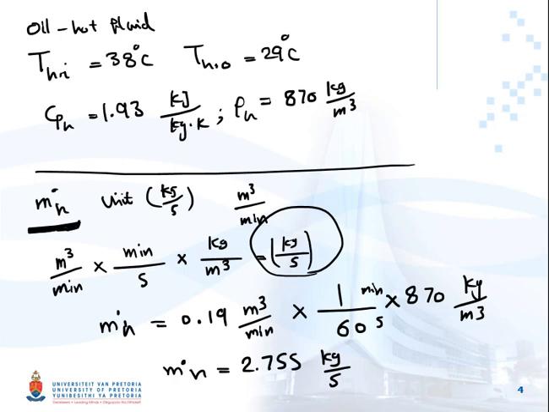We also have the heat capacity of the hot fluid. So it looks like all the information is there. M dot H we have, CP H we have, the inlet temperature of hot fluid we have, the outlet temperature of hot fluid we have. So it's very easy for us to find Q dot.